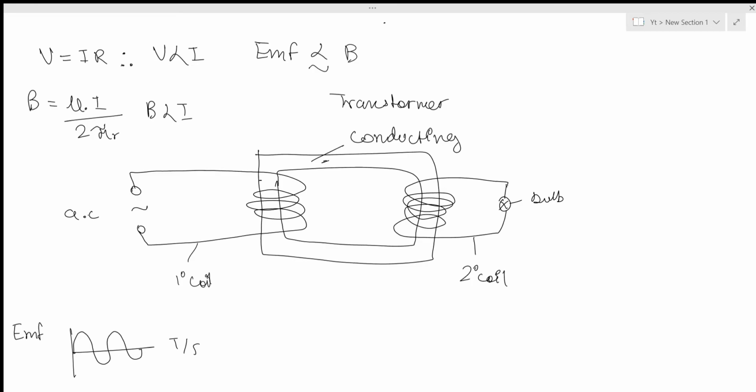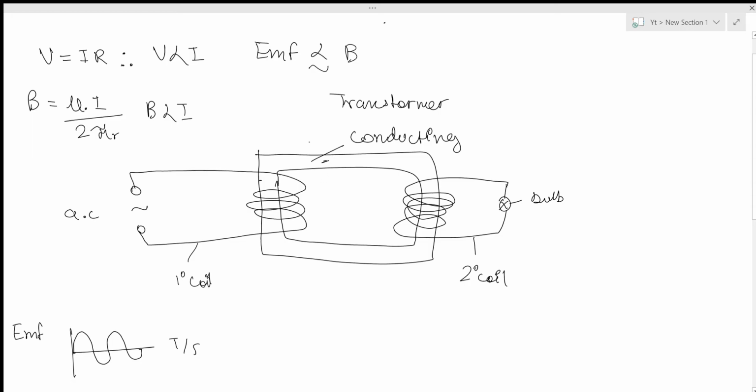And because this is a conducting material, you should remember that it also gains a temporary magnetic field. So when it's in contact with the magnetic field of the primary coil, this also gets magnetized.